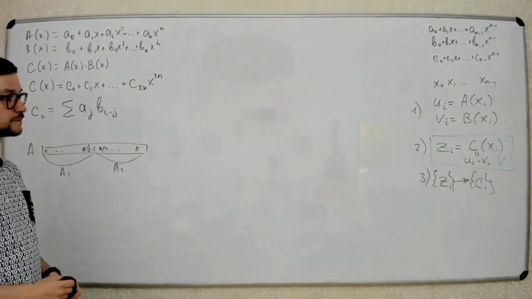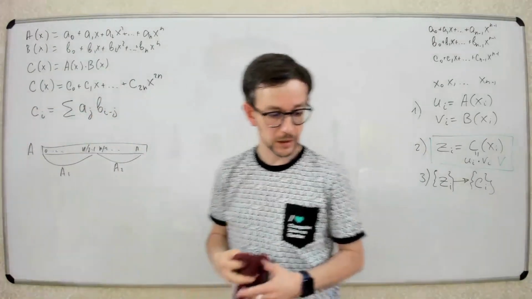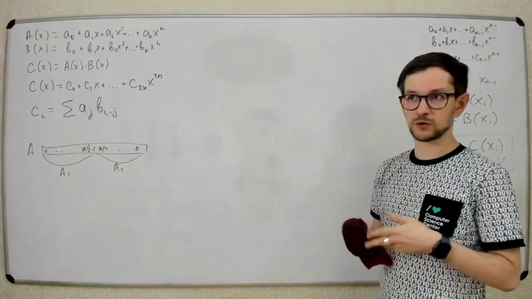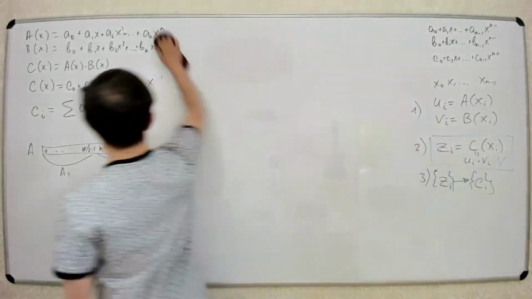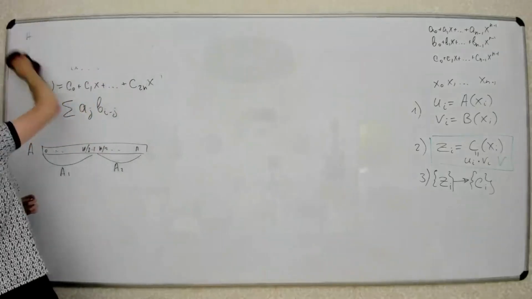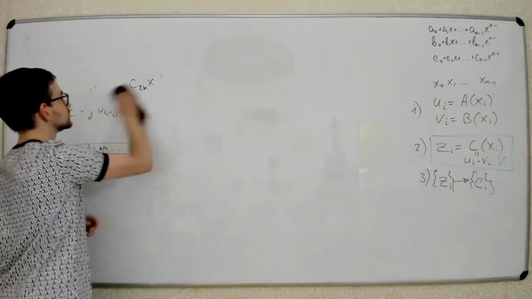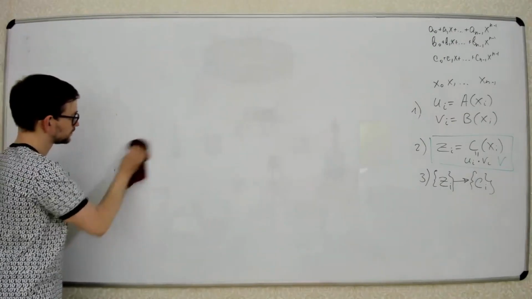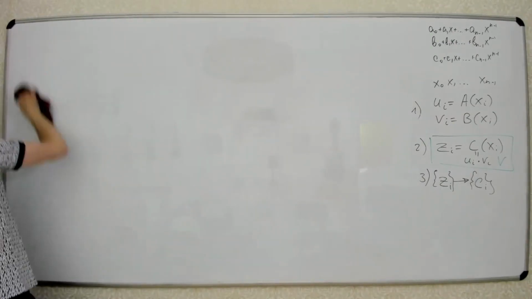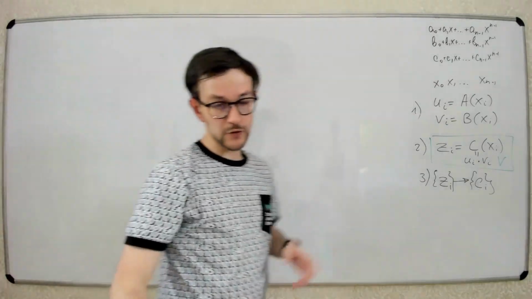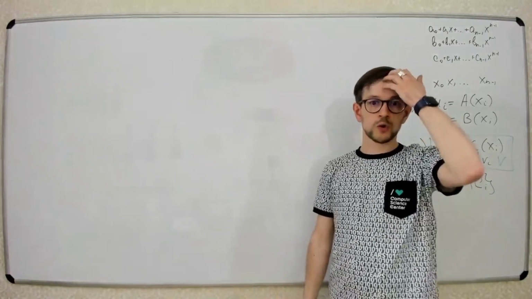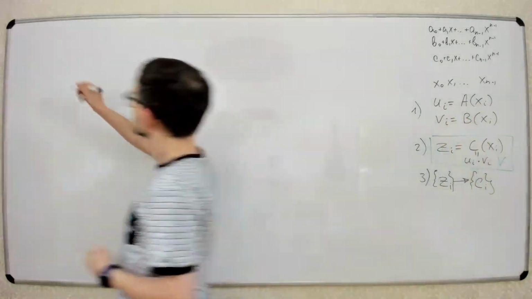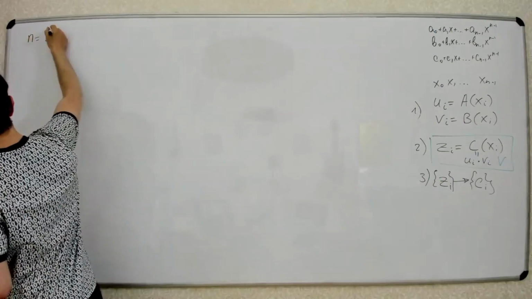Let's go. So to make the fast Fourier transformation, we need 2 things. First, we want our n to be a power of 2.